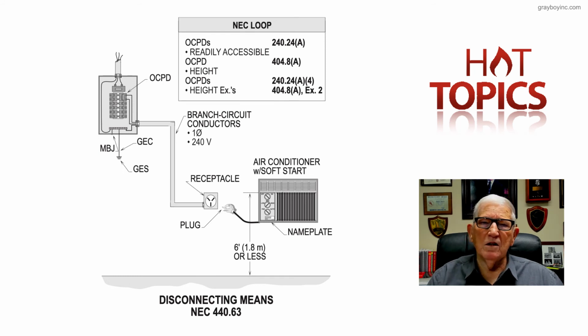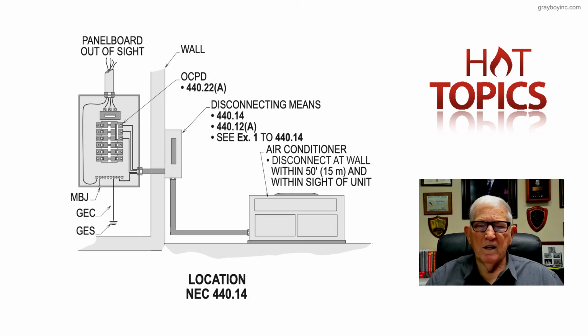440.63. Now, the next illustration that I want to go over with you is the location of a disconnect located outside by the AC unit, and that's 440.14 of the NEC, and the illustration that we're reviewing comes from Stallcup's Design Book, Volume 2. Now notice we give you the location of the disconnect, where it could be located, where it may not be within sight of the unit under Exception 1 to 440.14.